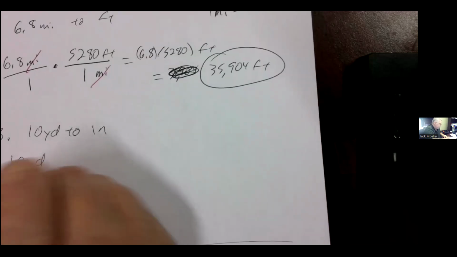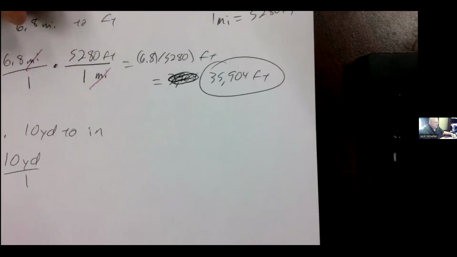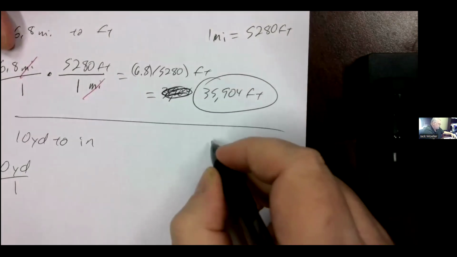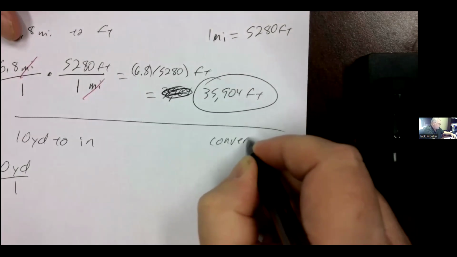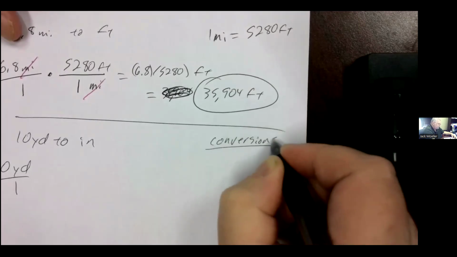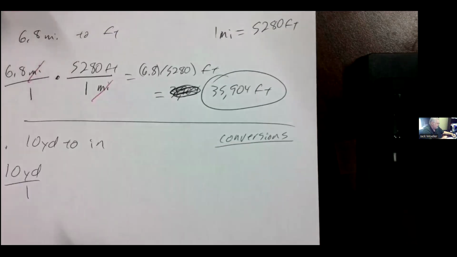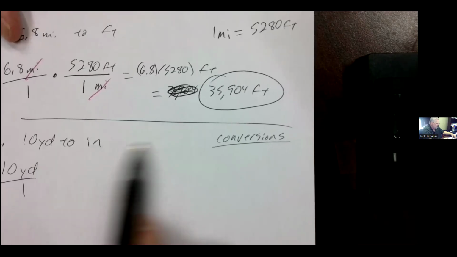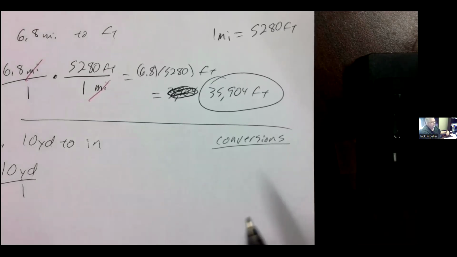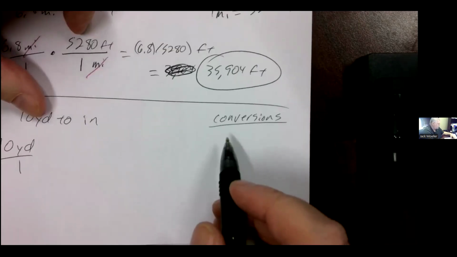Well, we know we're starting with 10 yards. So now over here, we need our conversions. If you don't know the direct one, then you have to kind of go step by step. And you can either start at the start and work that way, or you can start at the end. Sometimes, for longer problems, you work it both ways. So what do we normally convert yards to?